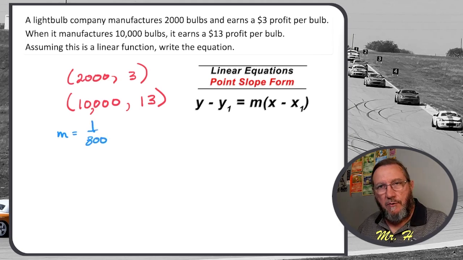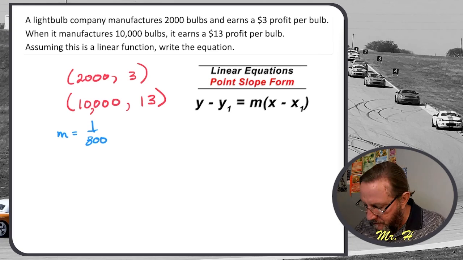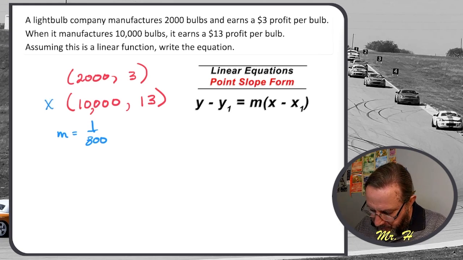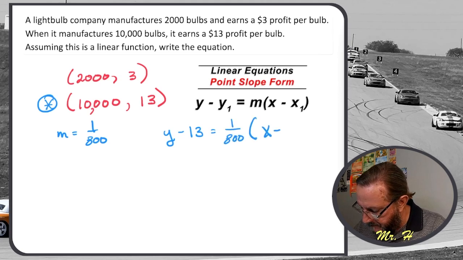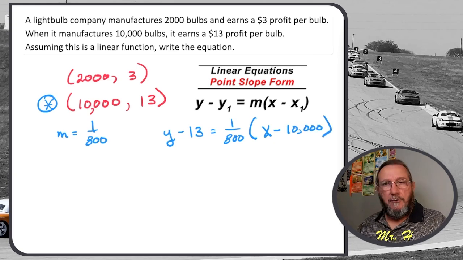We need to select one of the points, substitute into the equation the way that we've been doing, and we'll get our answer. So I'm going to use this point first. Y minus y1, y minus 13 is going to be equal to 1 over 800 times x minus 10,000. That's all there is to it.